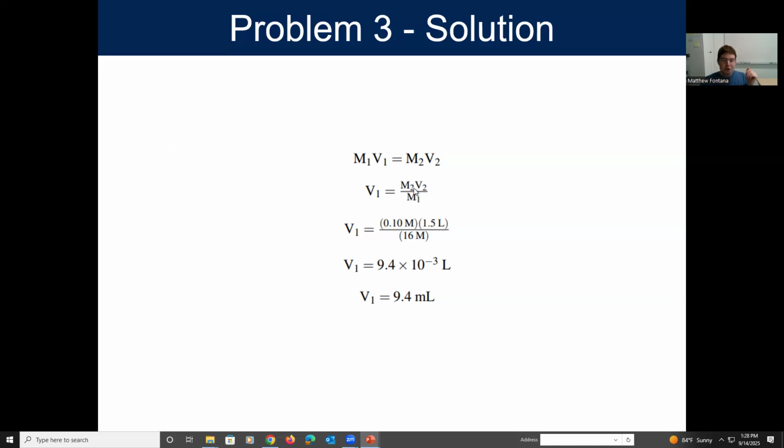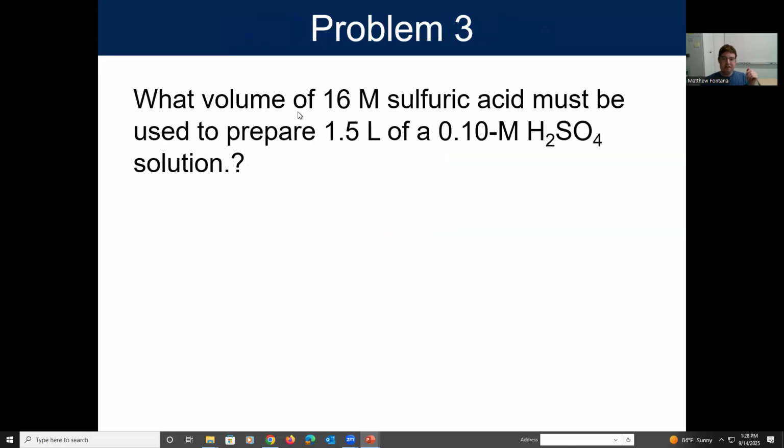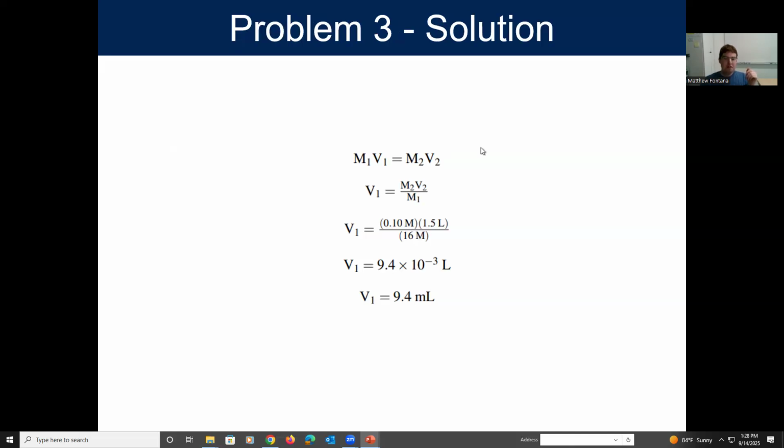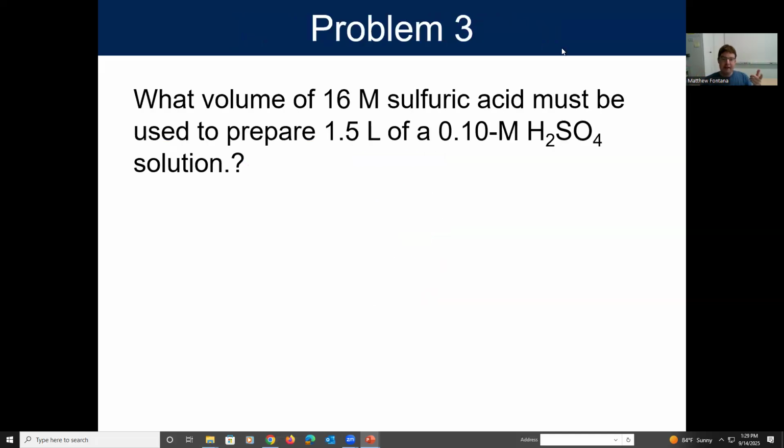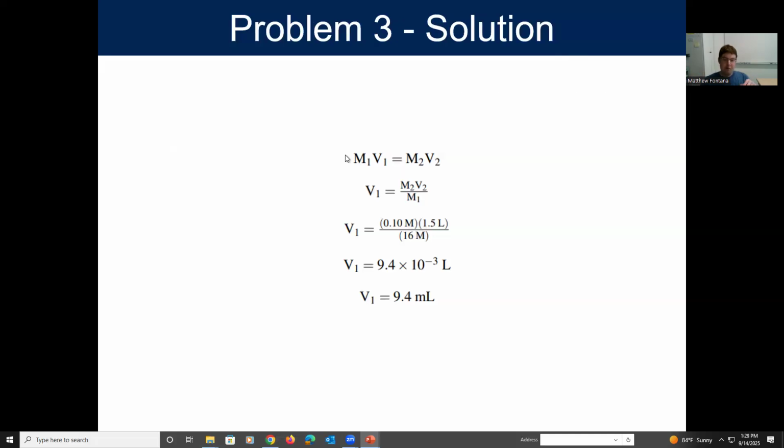M2 is the diluted concentration, which we can see here is 0.10 molar, so the 0.10 molar goes there. V2 is the total volume of my diluted solution, which is 1.5 liters, so the 1.5 liters goes in here.